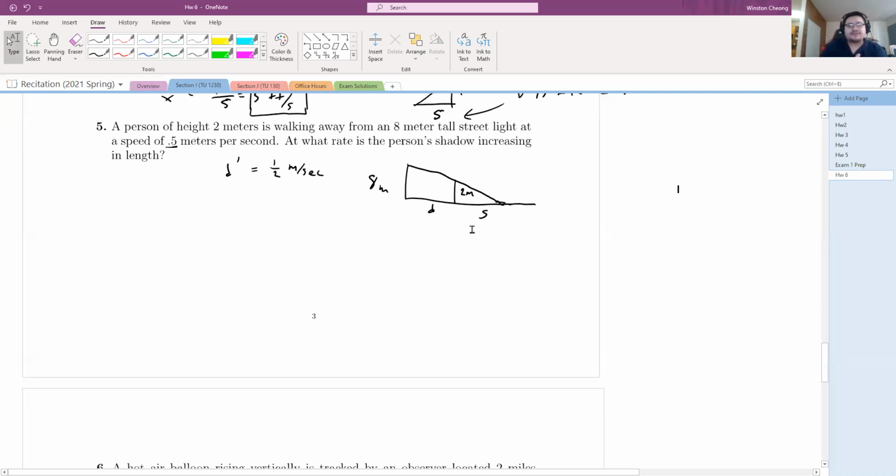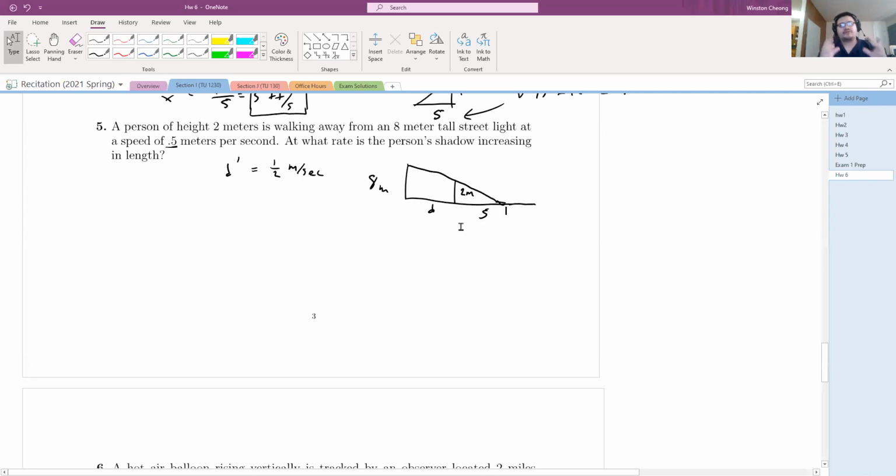The equation that we're going to set up is going to involve these similar triangles. So you can see you've got this small triangle here, and then you've got the big triangle there.